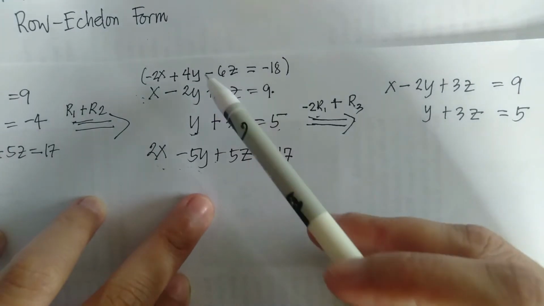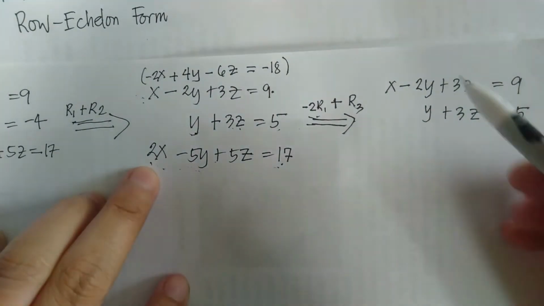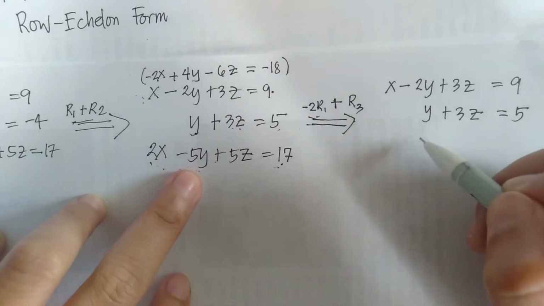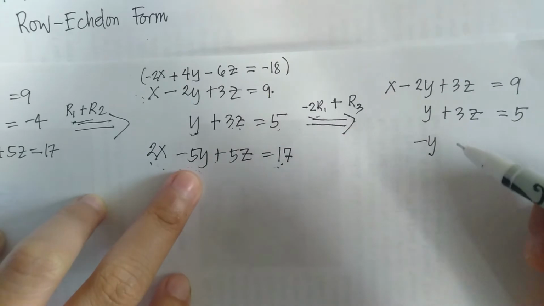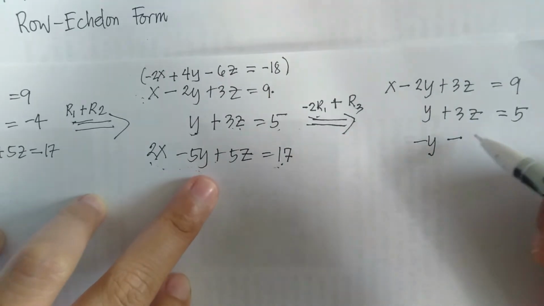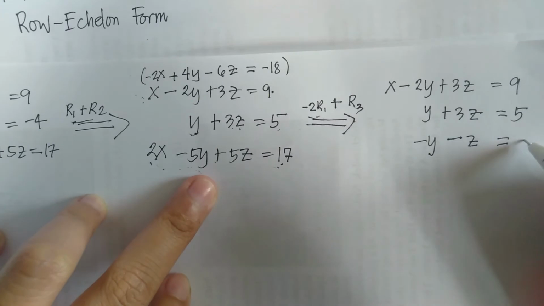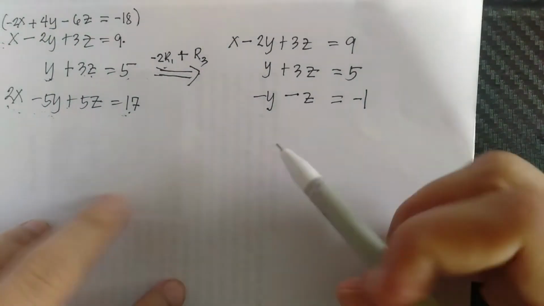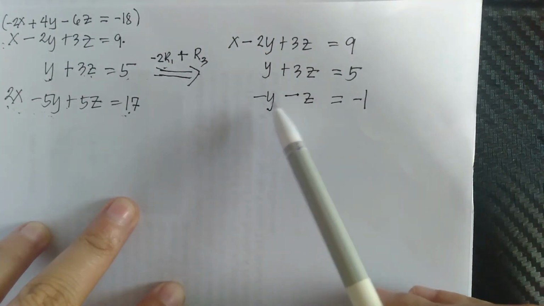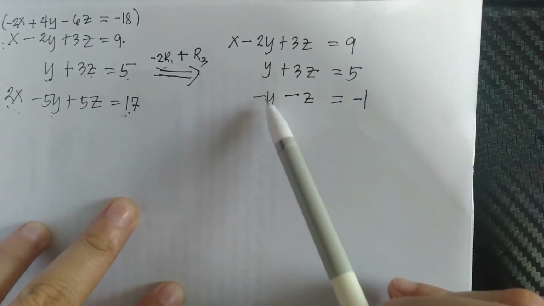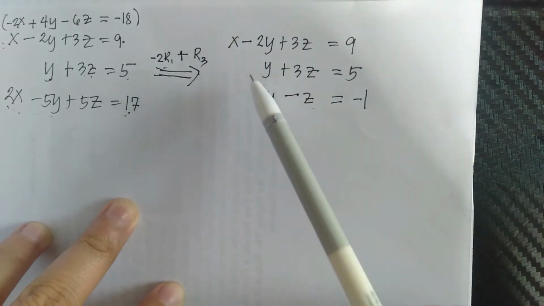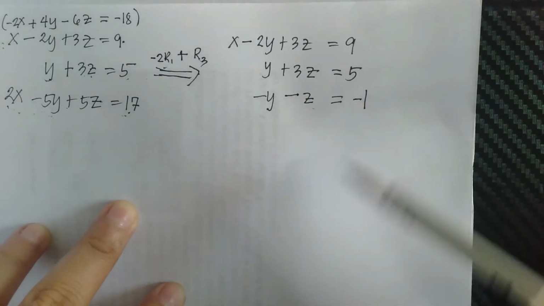By adding the two, we come up with an equation which is negative y minus z equals negative 1. We're not yet finished, because we should have z only, since we need to transform it into row echelon form.